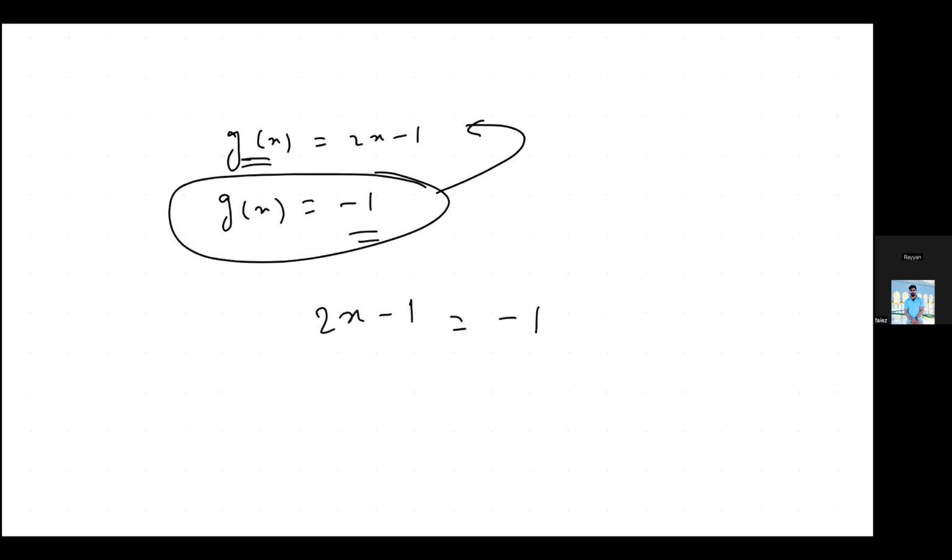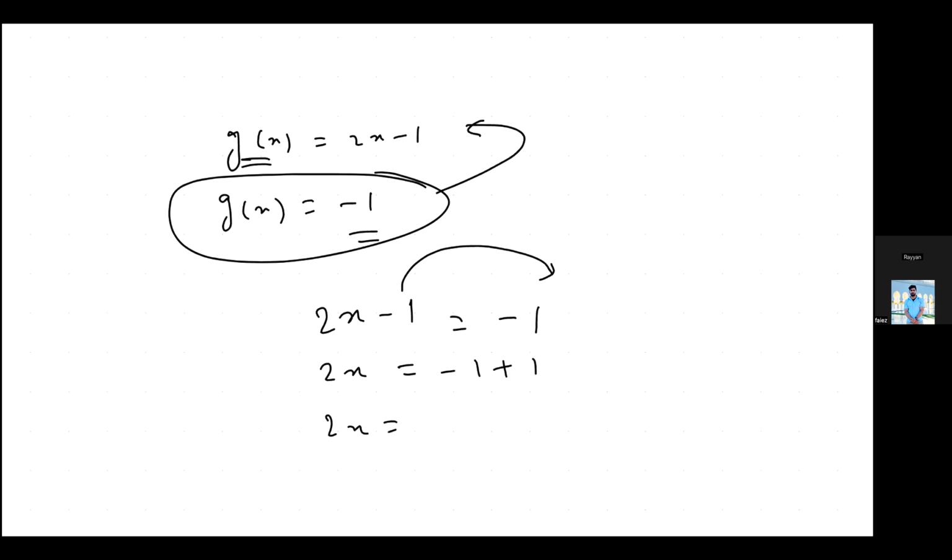Now you just solve it normally. You take 1 to this side, so it would be minus 1 plus 1, because it will change the sign, as that's what we do in maths. Or you can also add 1 to both sides, which gives you the same thing. So 2x will be equal to 0 here.